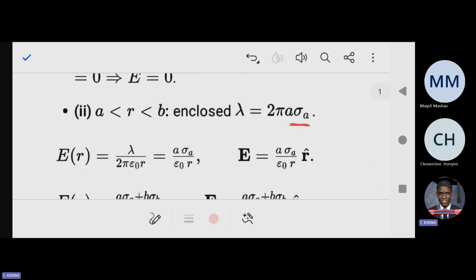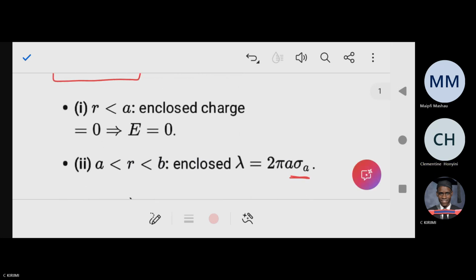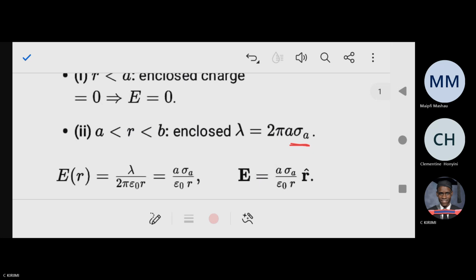So in our case, E_R is equal to lambda over 2 pi epsilon naught multiplied by the radius for this region, which is in between.